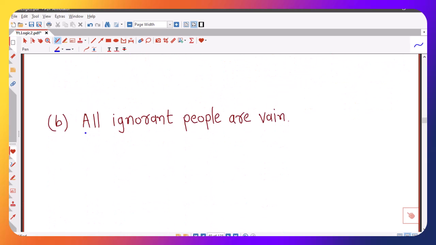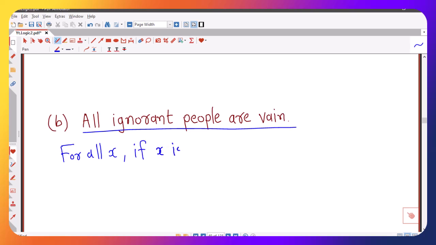Second is all ignorant people are vain. This also we can write in this way. For all x in this set of people, if x is ignorant, then x is vain. We have written the same statement in another form. All ignorant people are vain. That means whenever x is ignorant, x is vain.